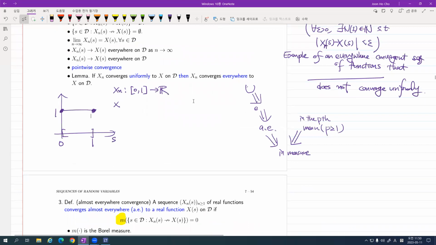Let me modify this a little bit. So suppose we are interested in the functions on this open interval. And our x of s is simply this, got it? Now, we define x_n as this one.